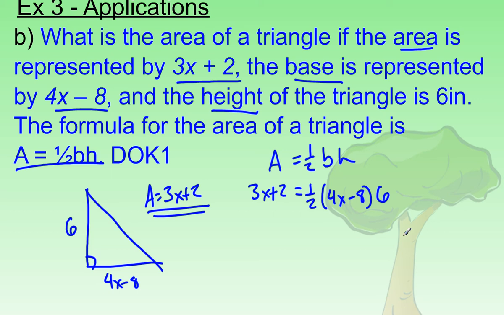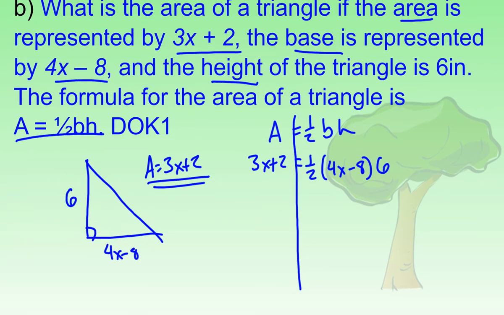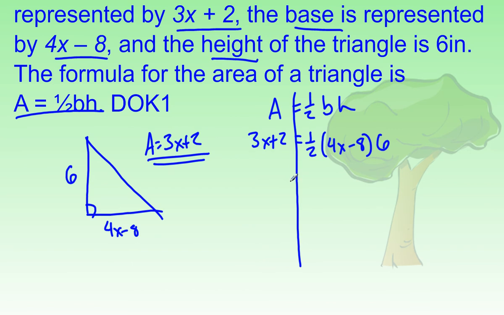So let's see if we can solve this. I believe we can. I only see one variable, and it's the same variable. I don't see anything too terribly ugly in the problem besides some of this math. So let's see if we can find out what this x value is. Well, 3x plus 2. Oh, I see, I need to simplify. I've got 1/2 times this stuff times 6.